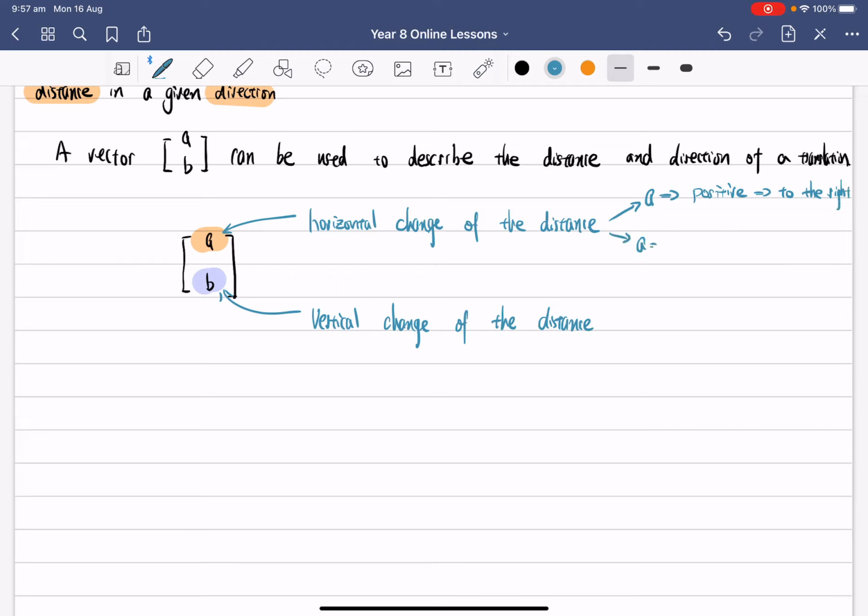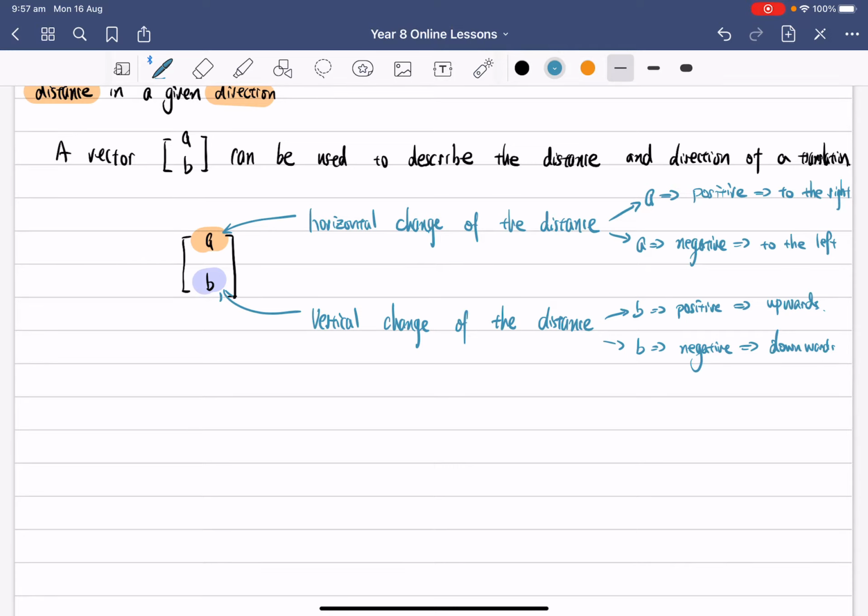If a is negative, then it's moving to the left. If b is positive, then it's going upwards. And if b is negative, then it's moving downwards, shifting up or shifting down.